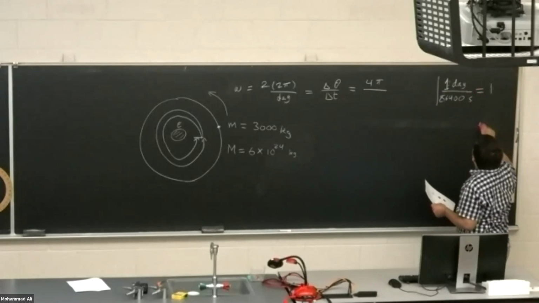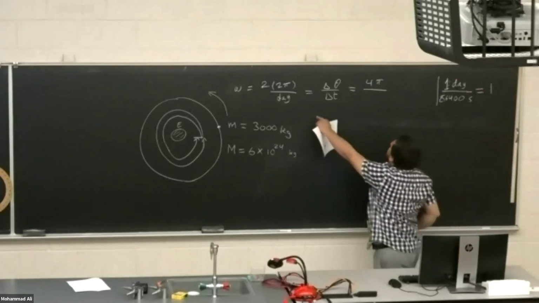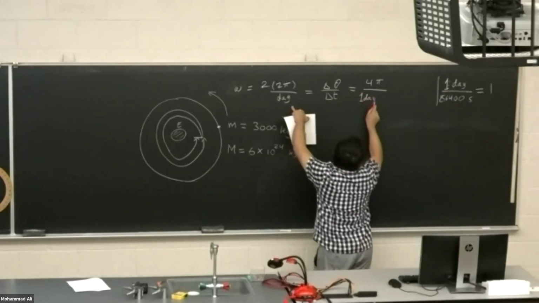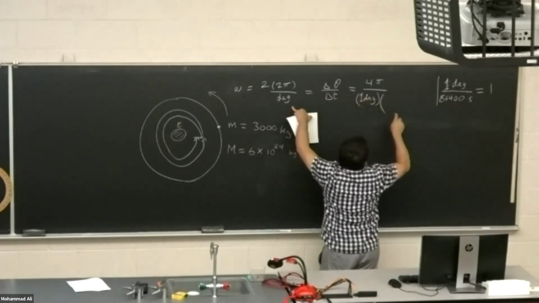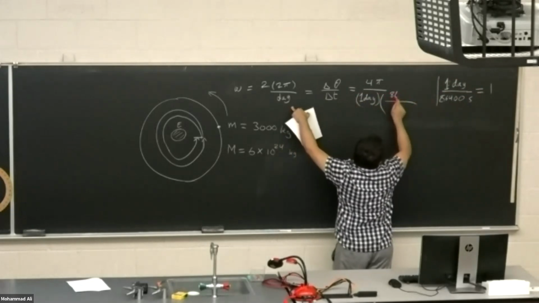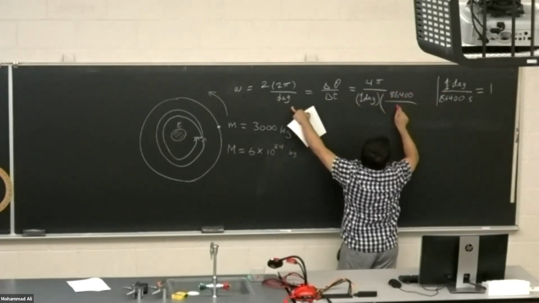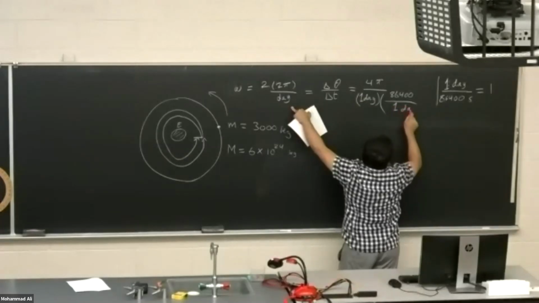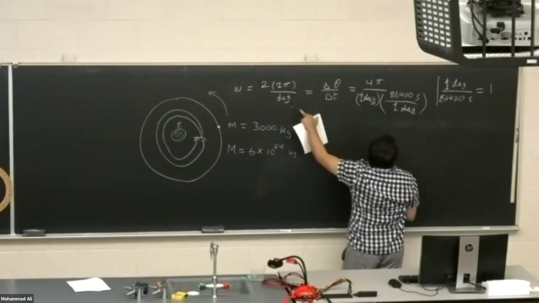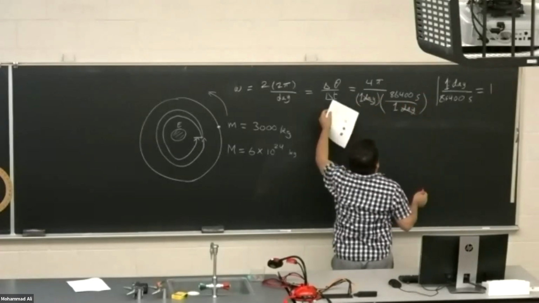This is equal to 1. So I will do it like this: 86,400 over 1 day. This is in seconds. So the day will go with the day, it's the same one.